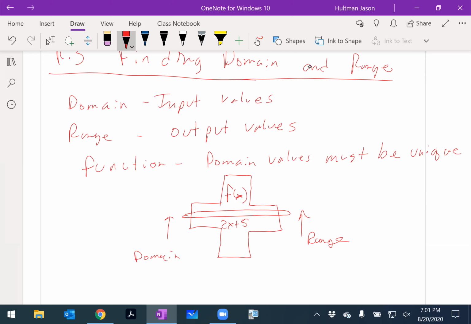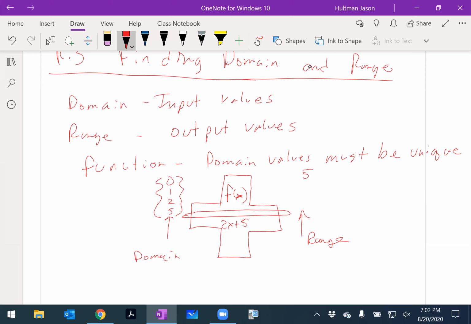Okay, so say that we had a domain of 1, 0, 1, 2, and 5. This is the domain. What would the range come out to be? Well, if I plug a 0 in, what comes out? 5.